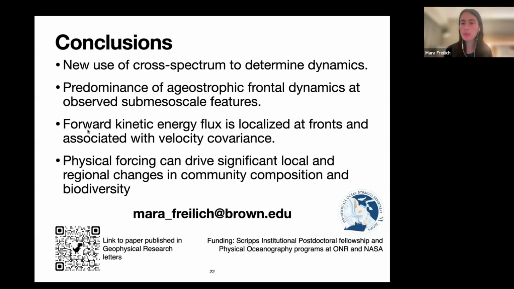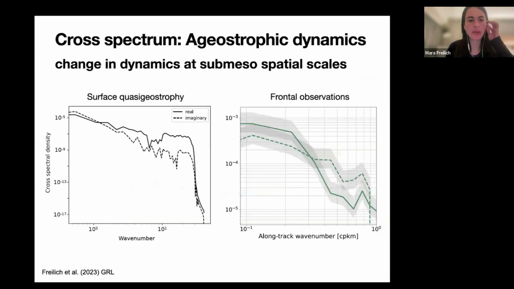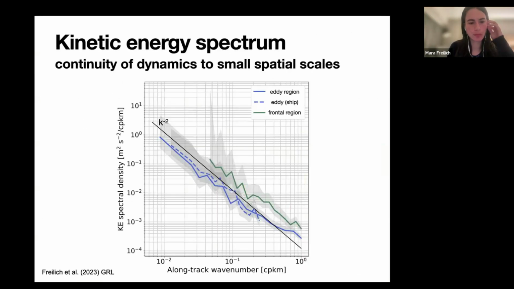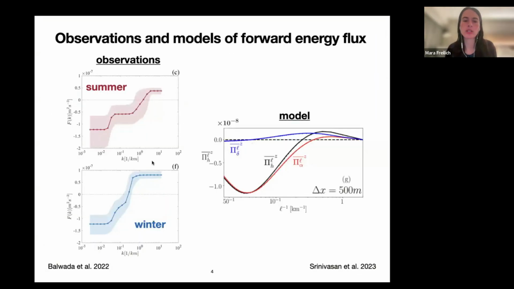Yeah, so that was from Dhruv Balwada's work, where he shows that in the wintertime in the Gulf of Mexico, when you have deeper mixed layers, and the scale of the submesoscale is larger, he finds there is a larger magnitude of the forward kinetic energy flux.